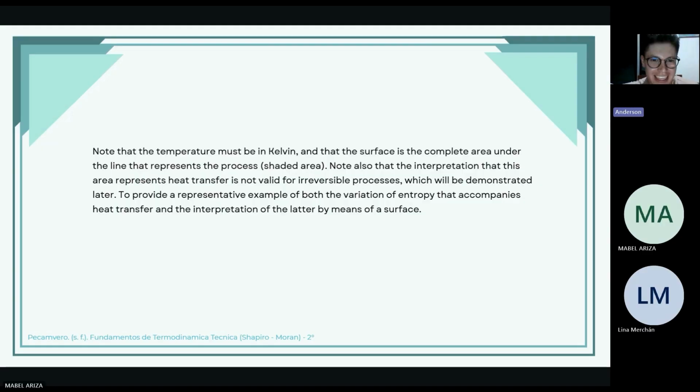Note that the temperature must be in Kelvin and that the surface is the complete area under the line that represents the process. Note also that the interpretation that this area represents heat transfer is not valid for irreversible processes, which will be demonstrated later. The following is a representative example of both the variation of entropy that accompanies heat transfer and the interpretation of heat as an area.